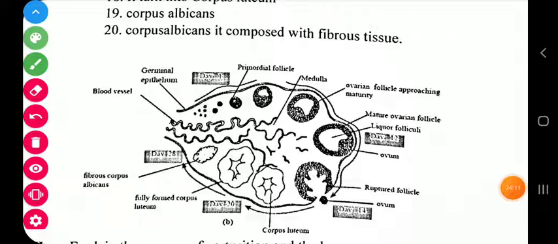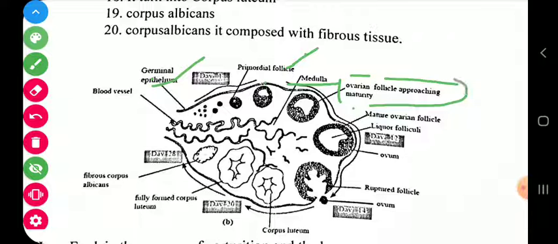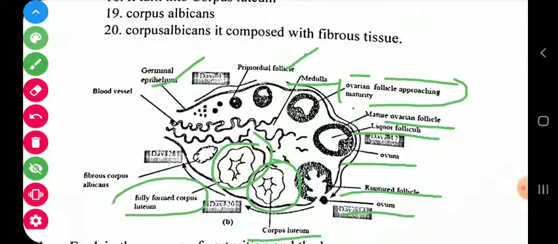Once again, now as we have read something about the ovary, let's see the structure again. We came across germinal epithelium, primordial follicle, medulla, ovarian follicle approaching maturity, mature ovarian follicle, liquor folliculi inside, the ovum, the ruptured follicle, corpus luteum, fully formed corpus luteum, fibrous corpus albicans.